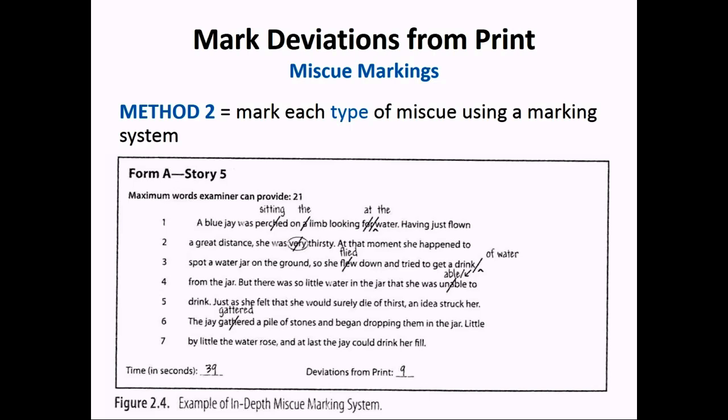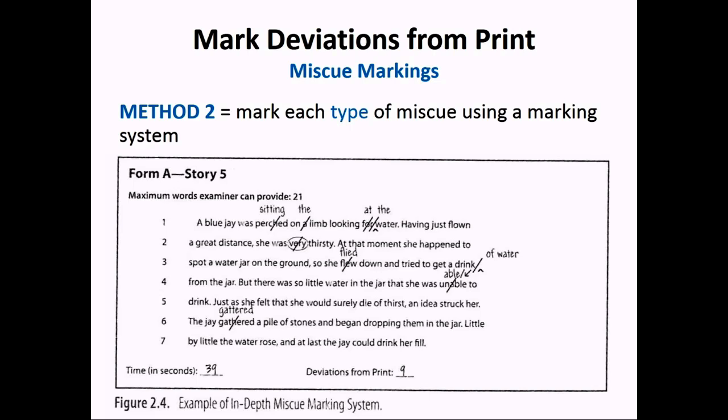Here's the example of the word that was inserted that isn't really in the text. So you see that little caret is an indication that there's a word that was added, and so you write the word the up above. She was very thirsty. There's a circle around the word very.